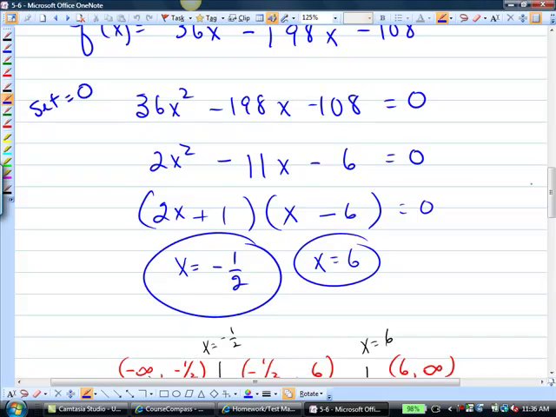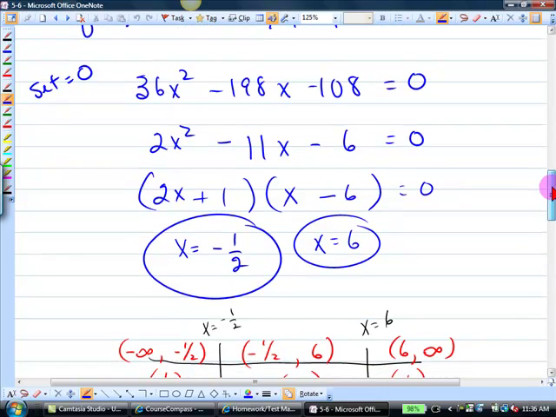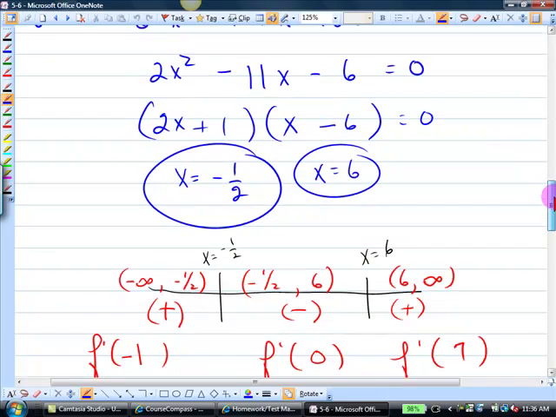Any of you that are really good with the calculator, if you're trying to find the solutions, you can throw it in the y equals, put y2 to be 0, and find those intersection points. It would give you 0.5 and 6. So if you can't factor it, you could do it on the calculator.